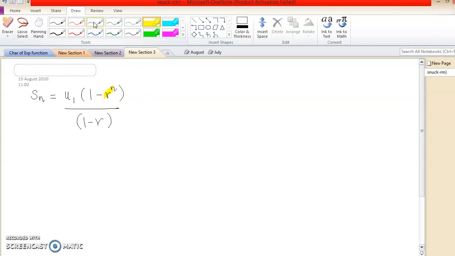So, for example, 1.2 to the power of 20 is going to be 38.3. If I say 1.2 to the power of 30, it is going to be 237. So you will see that the value is constantly increasing.